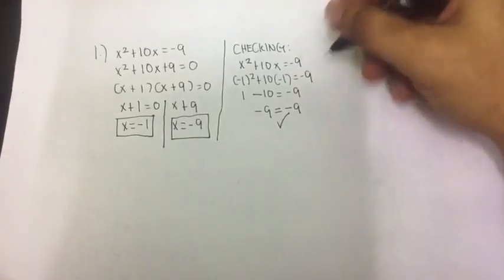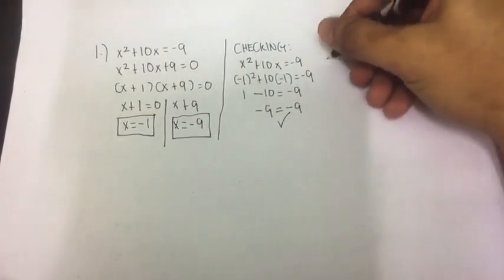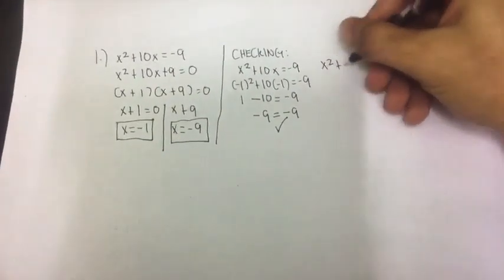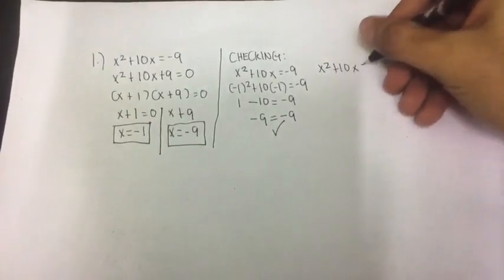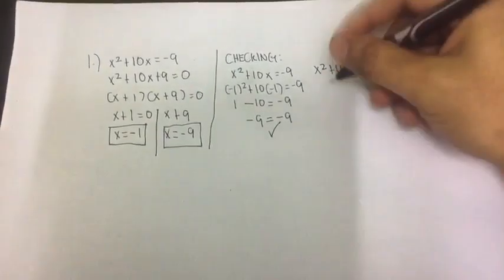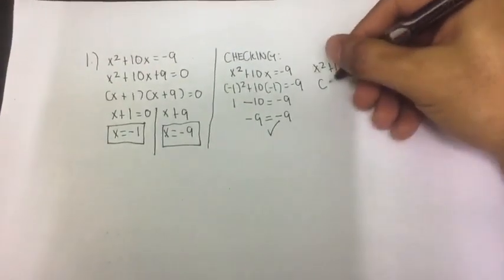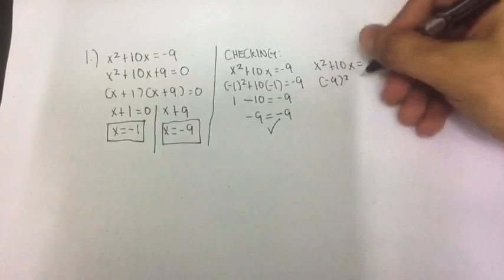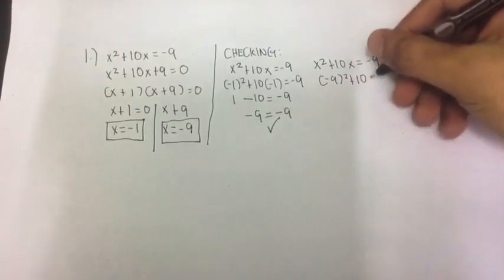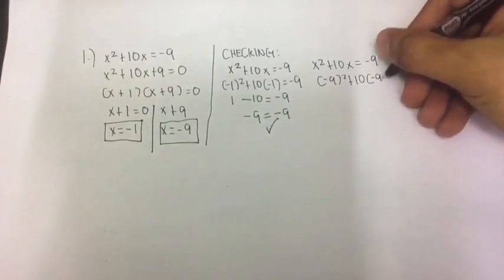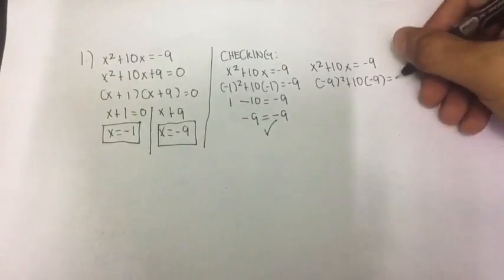The other solution is negative 9. Let's substitute it. Substitute the negative 9 for all x. Negative 9 squared plus 10 times negative 9 equals negative 9.